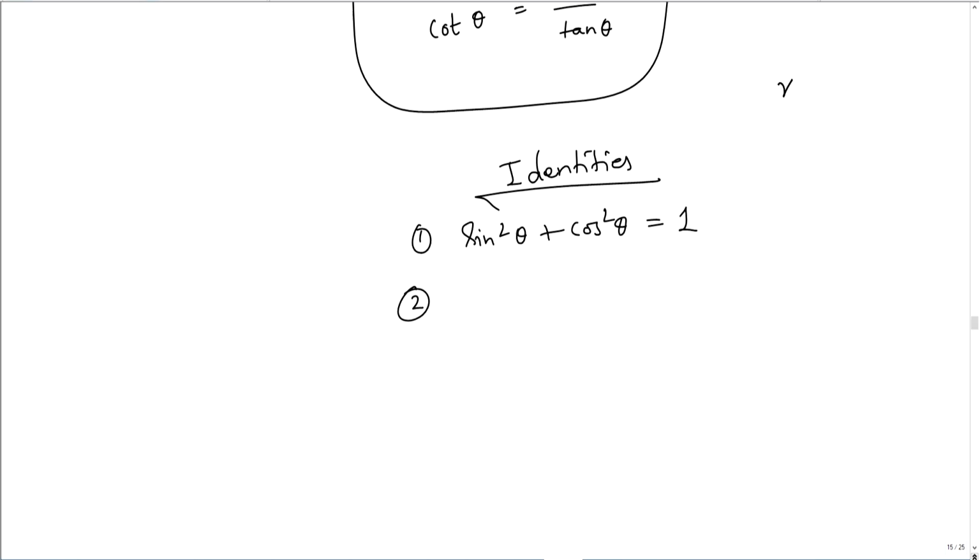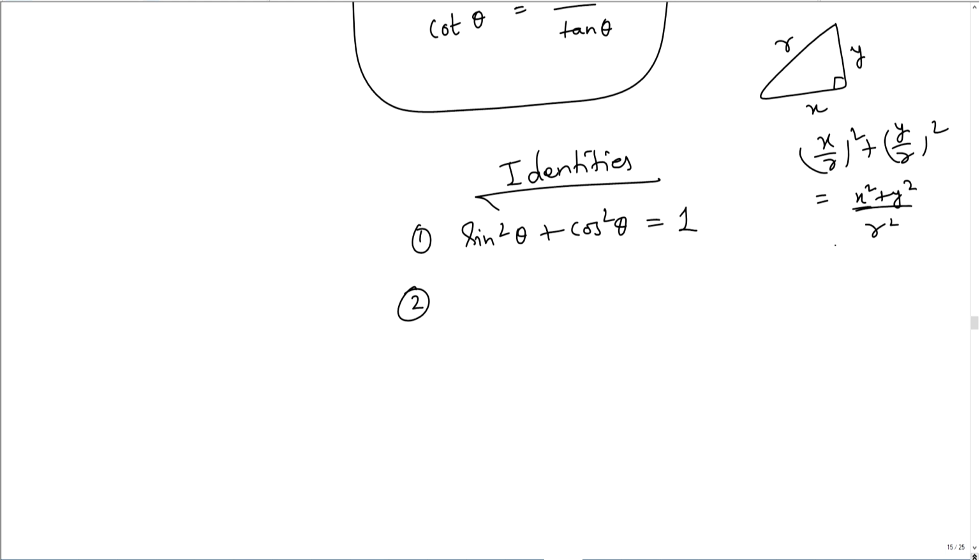In a right angle triangle, this is y, this is x, this is r. So sine square theta would be x by r square, cos square theta would be y by r square, which gives you x square plus y square divided by r square, and according to Pythagoras theorem this is equal to r square. So this gives you 1. But there are other important identities.